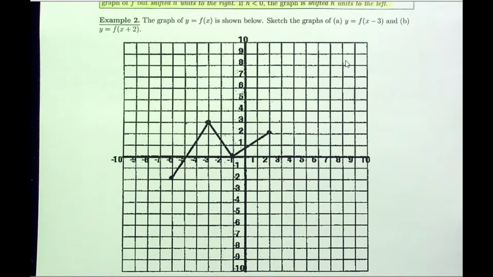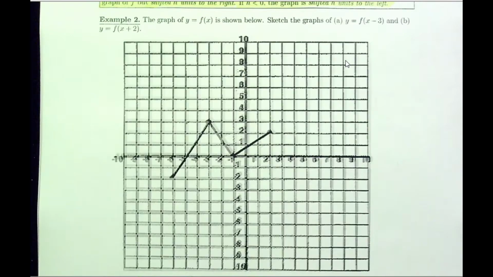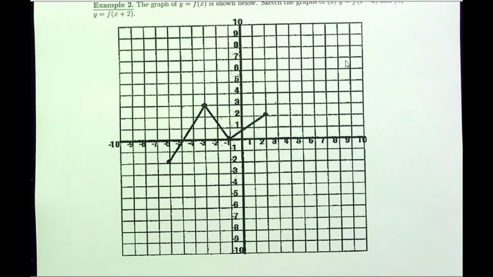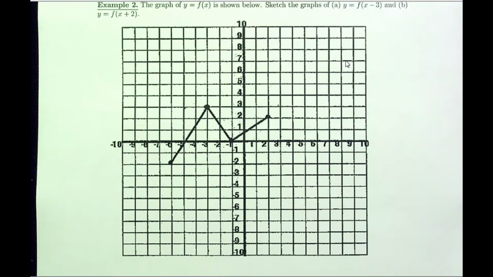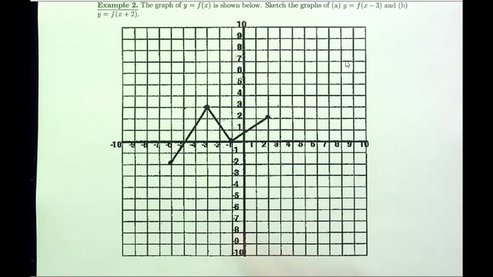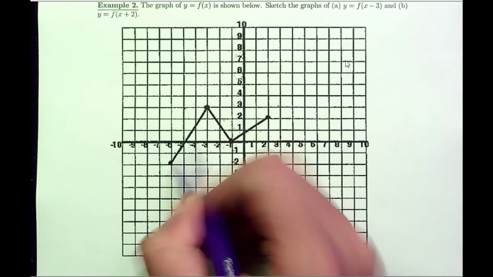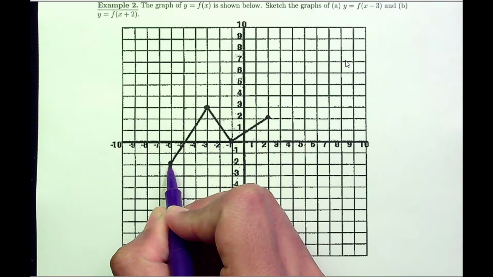Subtracting 3 inside, minus 3, there's a negative, is going to move the whole thing to the right. That means I'm going to take all the key points and move them to the right. Then I'm going to connect them, and voila, I have my graph. So I'm going to move that one to the right by 3.